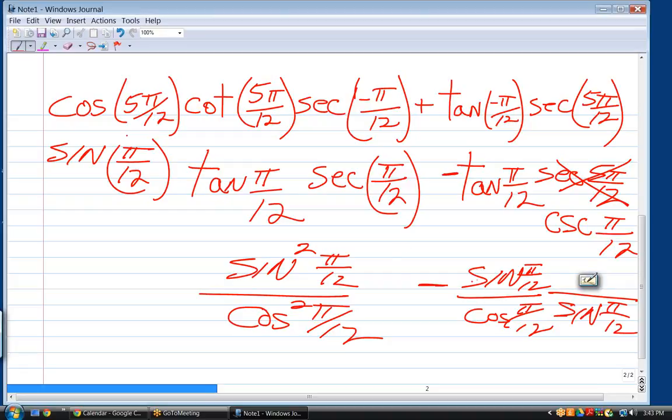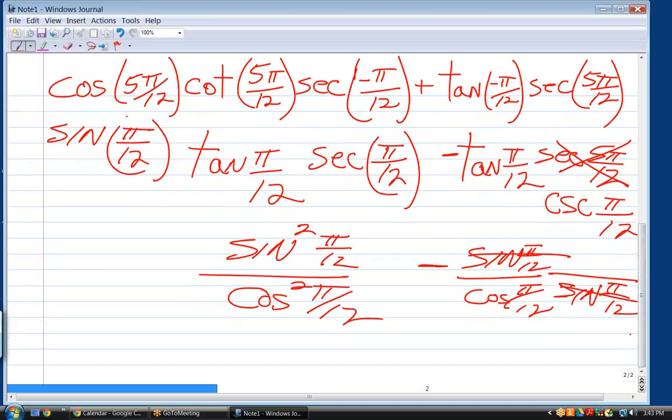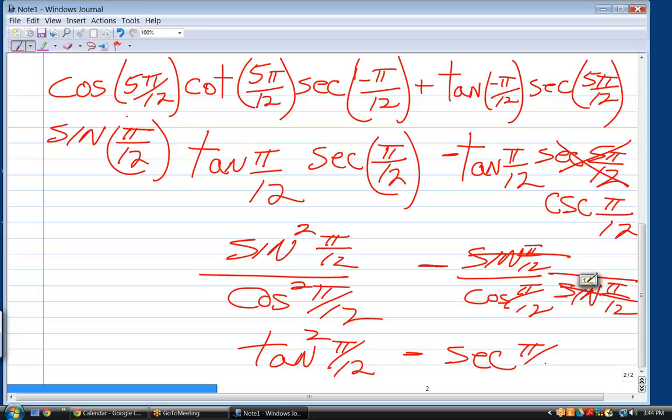Well, now you can cancel that with that. And what does that give us? Well, what's the simplest way to express that? I suppose it's tangent squared of pi over 12 minus 1 over cosine, which is secant, of pi over 12.